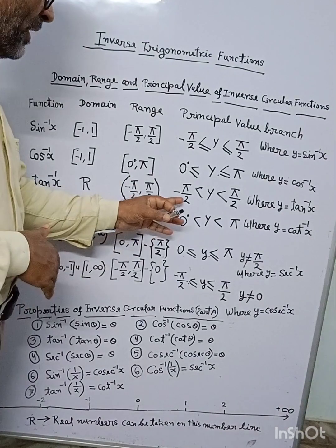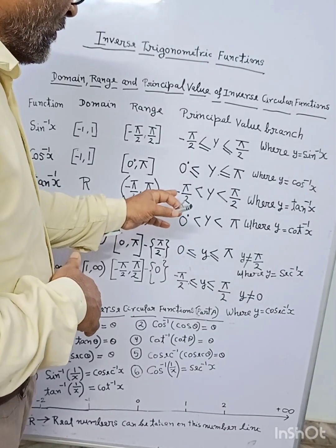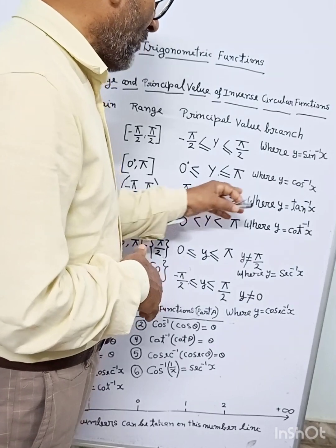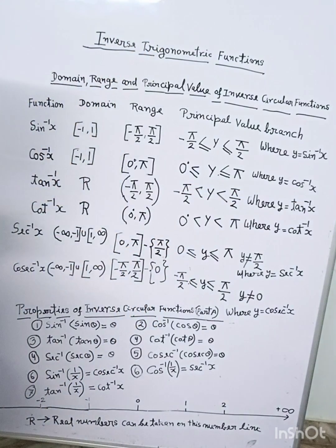Therefore, principal value branch will be minus pi by 2 is less than y is less than pi by 2, where y is equal to tan inverse x.